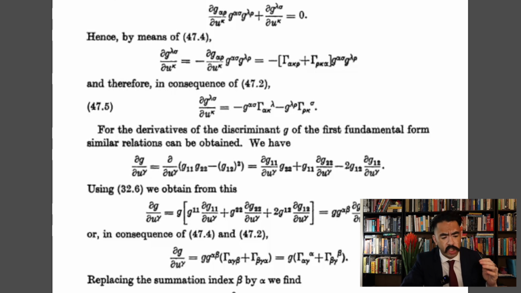For the derivatives of the discriminant g of the first fundamental form, similar relations can be obtained. We have ∂g/∂u^γ = ∂/∂u^γ (g_11 g_22 - (g_12)²) = ∂g_11/∂u^γ g_22 + g_11 ∂g_22/∂u^γ - 2 g_12 ∂g_12/∂u^γ.